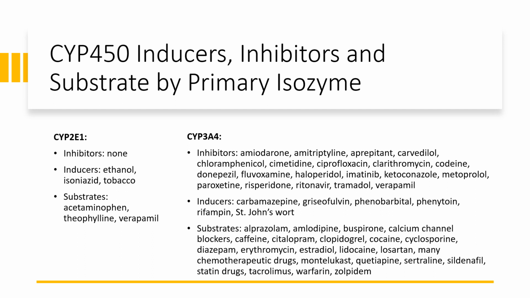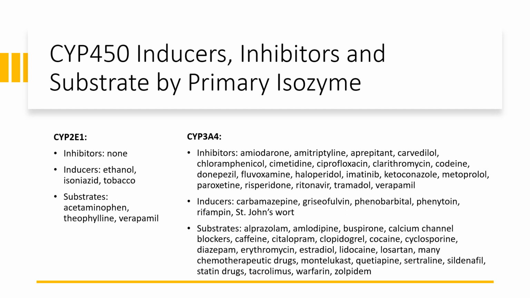CYP3A4, like I mentioned before, is the isozyme that has an effect on most products. Inhibitors include this long list: amiodarone, amitriptyline, carvedilol, chloramphenicol, fluvoxamine, tramadol, verapamil, amongst others. Inducers include carbamazepine, griseofulvin, phenobarbital, phenytoin, rifampin, St. John's wort.